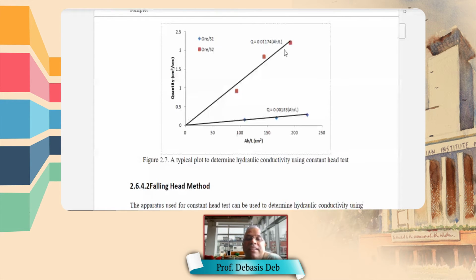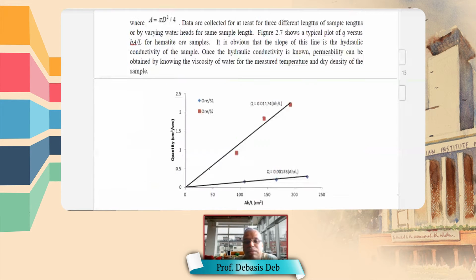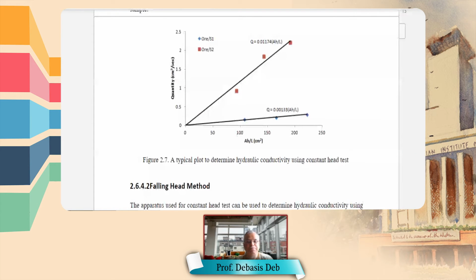Then we draw a line, and the slope of this line, you can see, is basically this K. The slope of this line is basically K. Okay, because you can see this is y equals mx, and this is m, and this is x. So that is what we are plotting here. Okay.